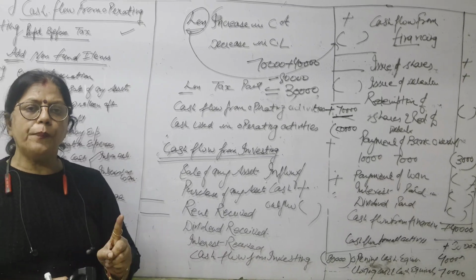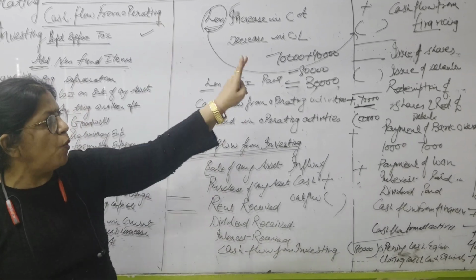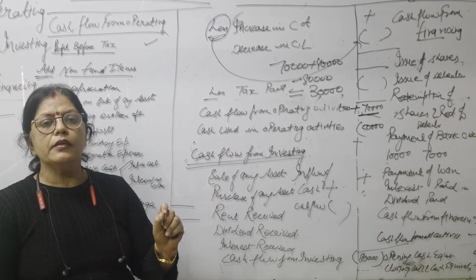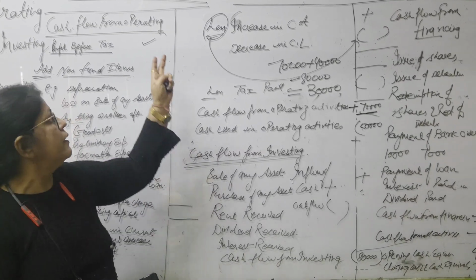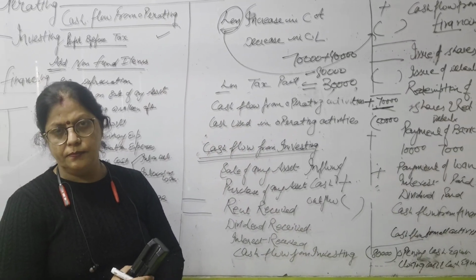If the difference between opening cash and closing cash be the same from all activities, then your question is correct. Otherwise, there is any mistake in operating, investing or financing activities.